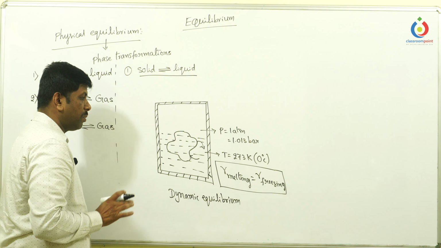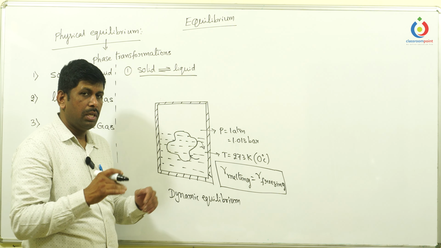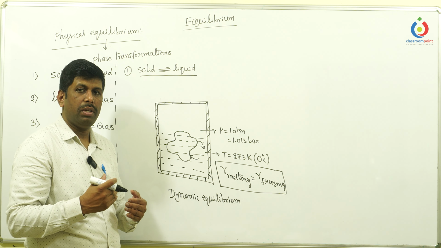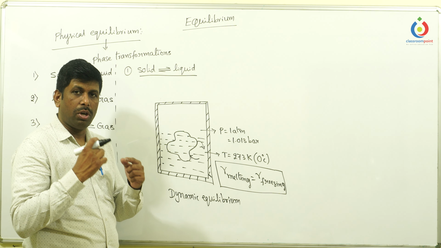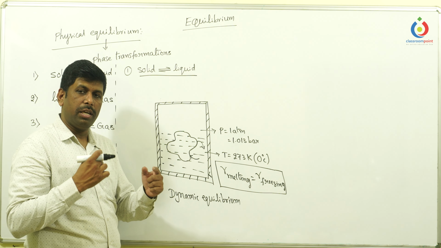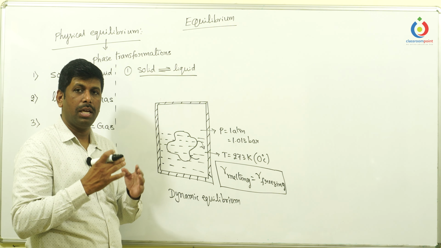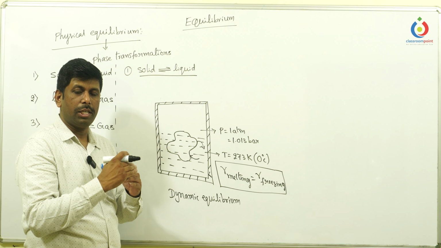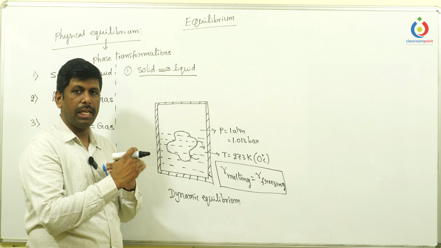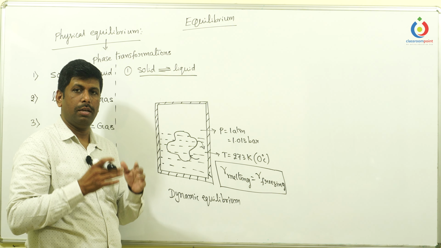So in our concept, whatever we are discussing, they are all dynamic equilibriums. That means even after reaching the equilibrium stage, there is no stoppage of reactants converting into products and products into reactants. They continuously keep converting reactants into products and products into reactants, but with equal speed. That's why the process continuously takes place, but there is no change in the concentration of the reactants and products.